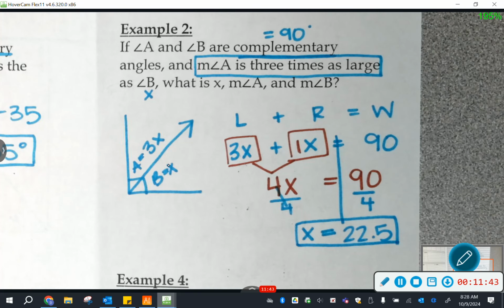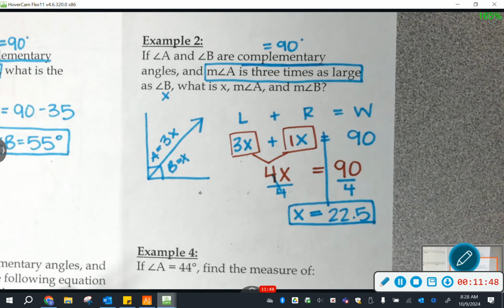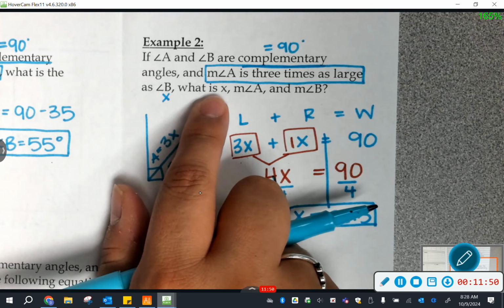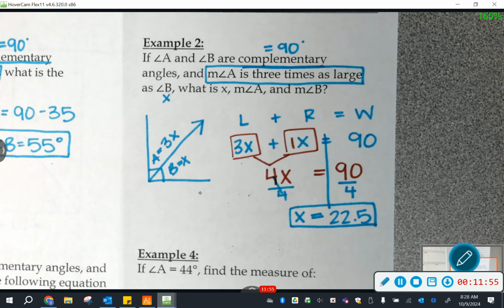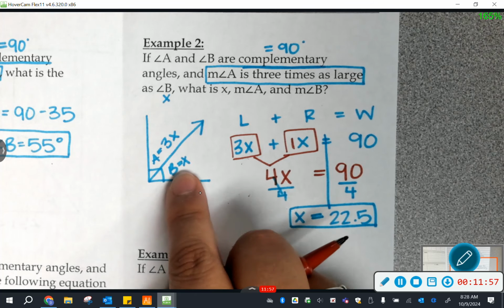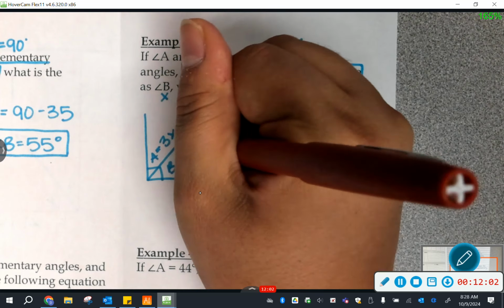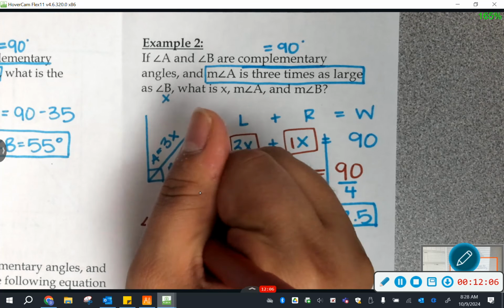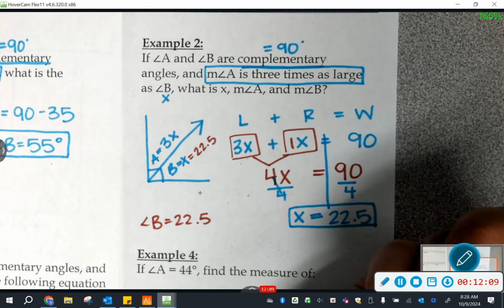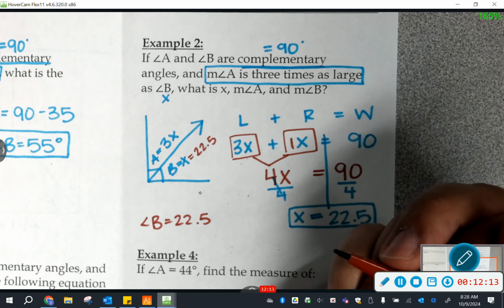Again, write this down, please. Does this question ask for x? It says what is x, but what else does it ask for? A and B. How am I going to figure out angle A and B? Well, what's B equal? B is just x, which is 22.5. So angle B equals 22.5. That's wrong. What am I missing?